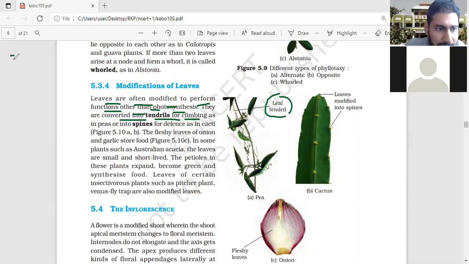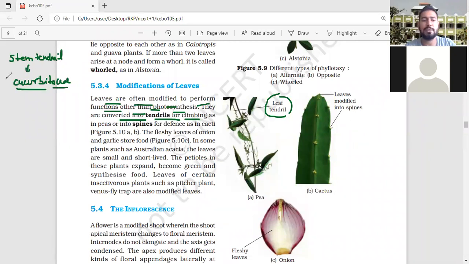Anyone, can you tell a stem tendril example? Cucurbitaceae, sir. Very good. Excellent, Sanmug Priya. Cucurbitaceae is the family where the stem tendril is found. Leaf tendril is found in Pisum sativum.